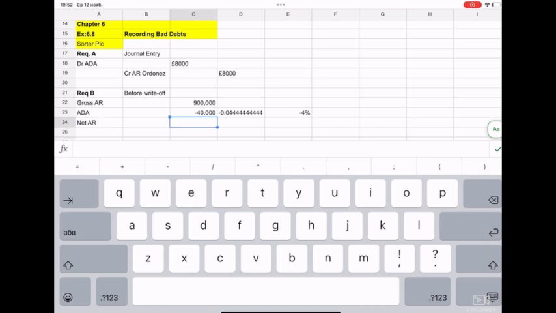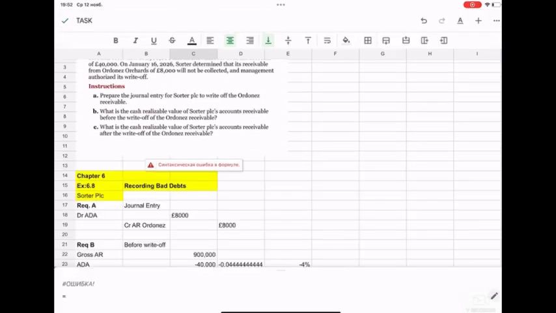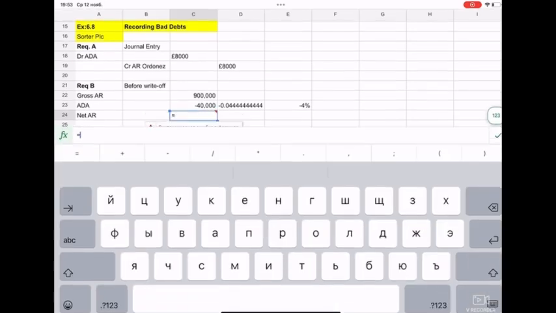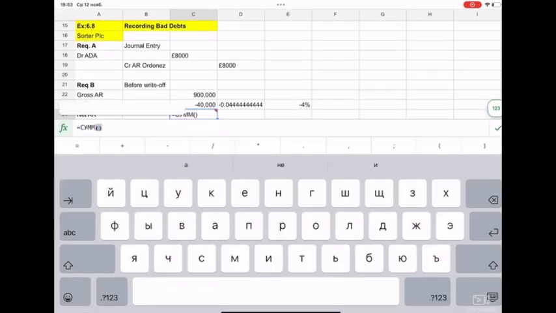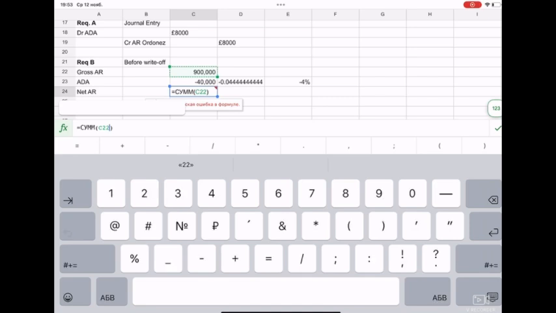And here, net accounts receivable. So net accounts receivable, also called cash realizable value, will be 860,000 that I was talking about. This is the sum of gross accounts receivable and the allowance.